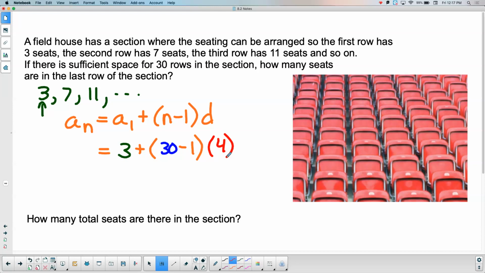What is 29 times 4? 116. What's 116 plus 3? 119. So in the 30th row, there are 119 seats.